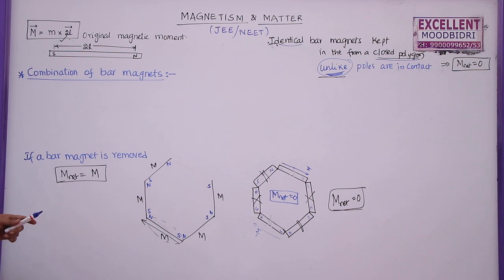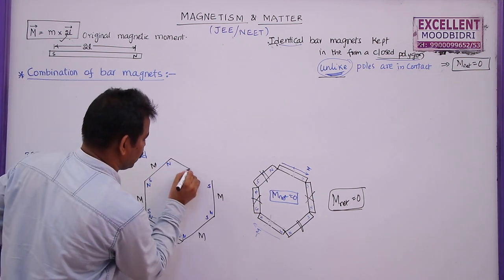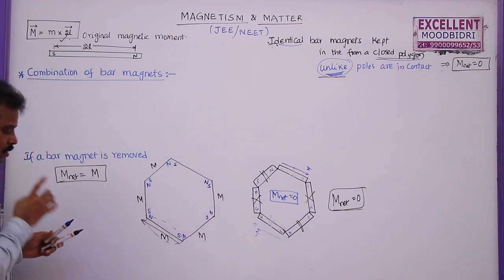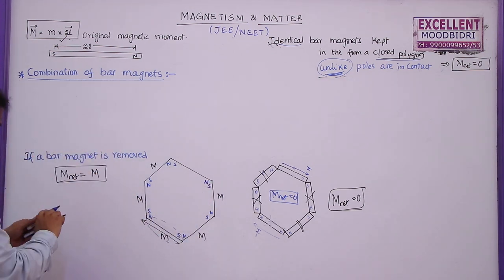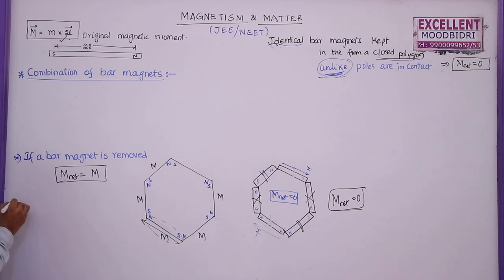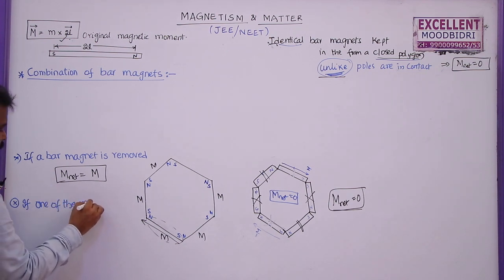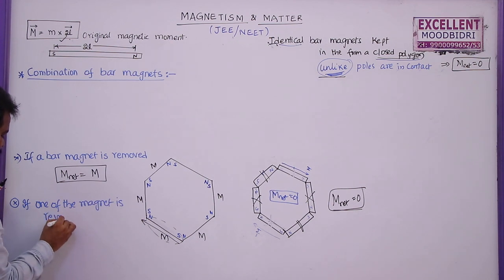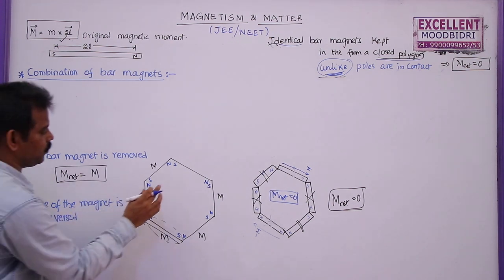Now in the same case, let us say this magnet is placed like this only, with the south and north poles here. If one of the magnets is reversed, so let me reverse this magnet.